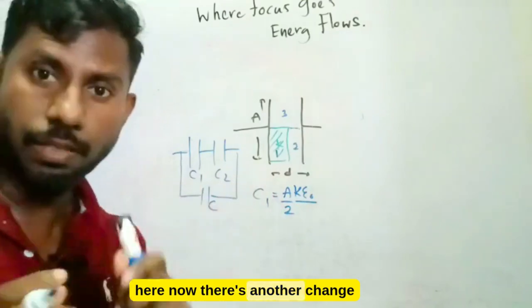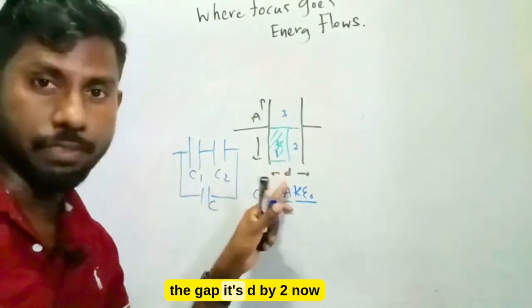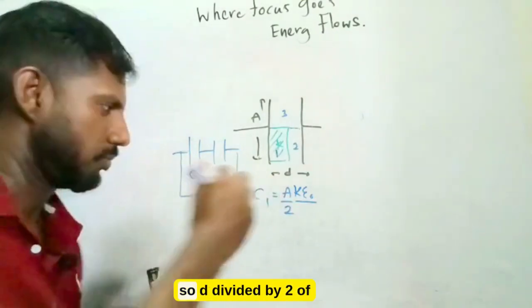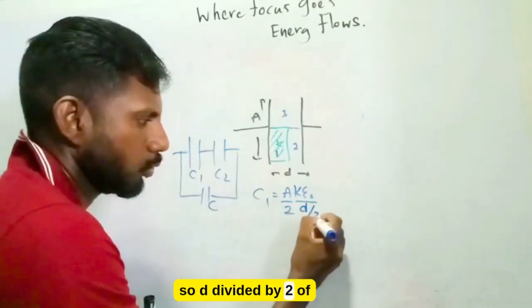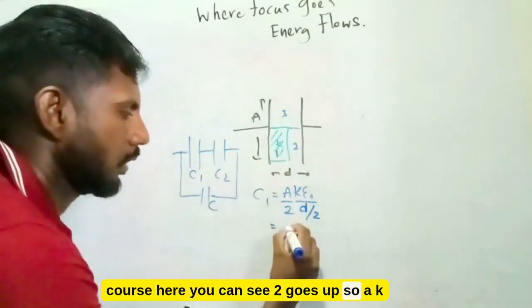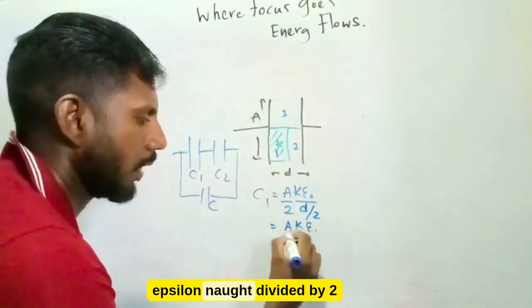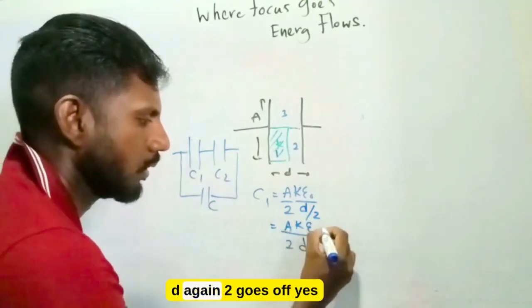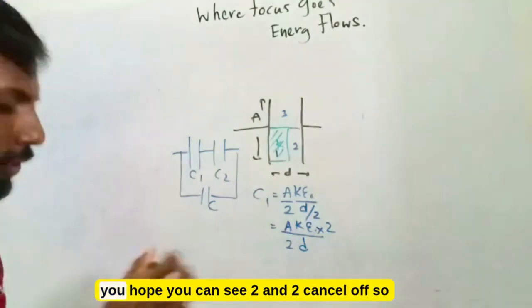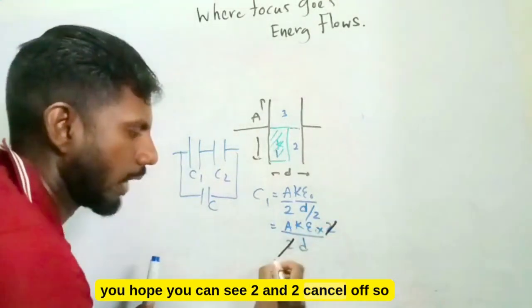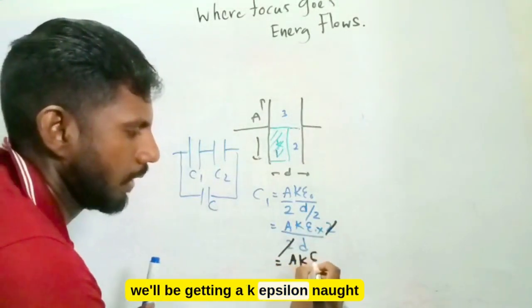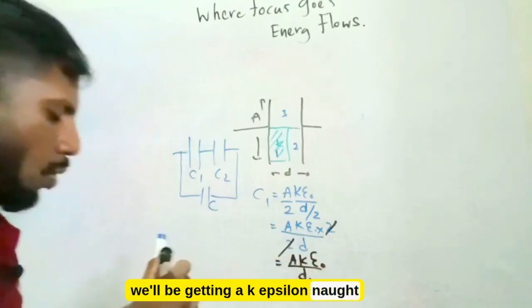The gap is now D by 2. So D divided by 2, and 2 goes up. So A K epsilon naught divided by 2D, again 2 goes off. You can see 2 and 2 cancel off, so we'll be getting A K epsilon naught over D.